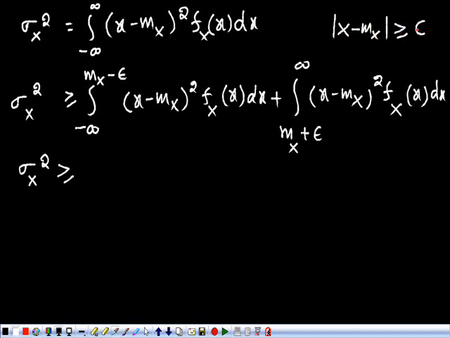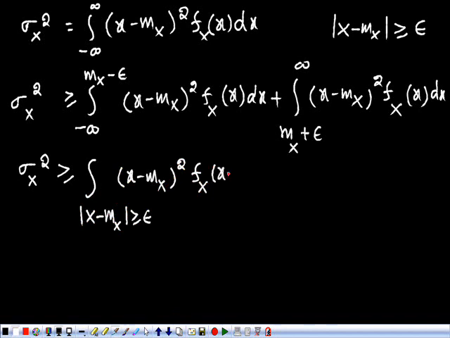Greater than or equivalent to epsilon. Is it right? This interval and this interval corresponds to this. So therefore, I can write it as integral over this interval, and this is x minus mx whole square fx of x dx. Is it right?